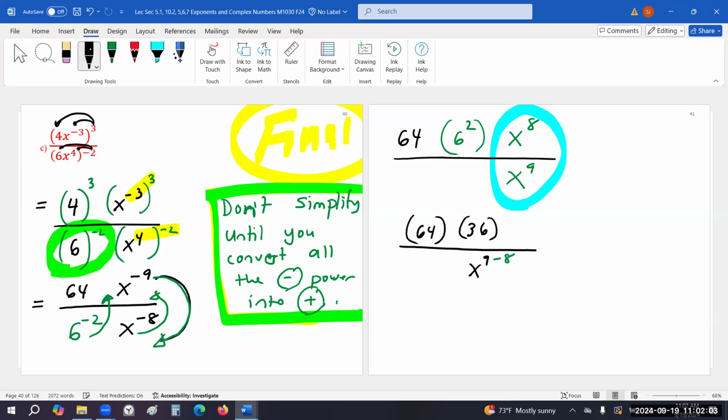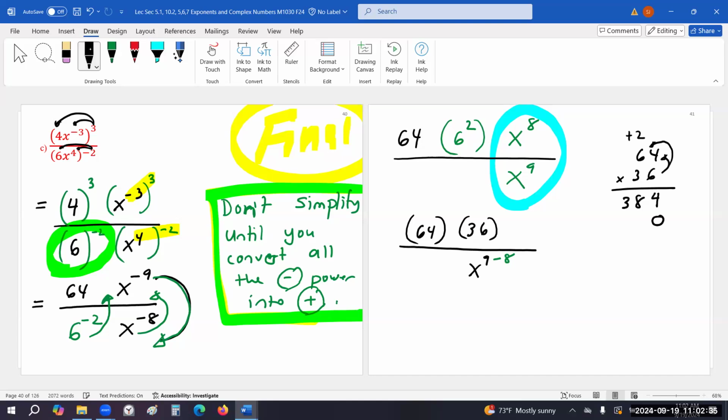Are you adding them or are you multiplying them? So 64 times 36. No calculators allowed, so you have to do it manually. 6 times 4. So you put 4 on the bottom, 2 on the top as an addition. 6 times 6 plus the 2, 38.